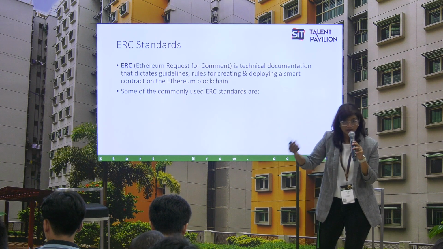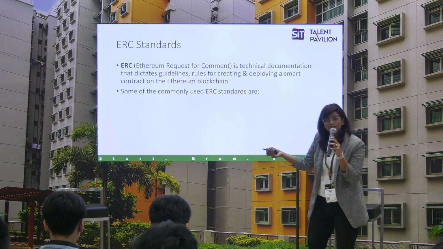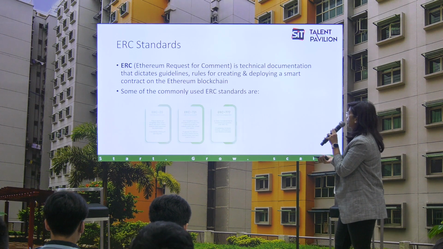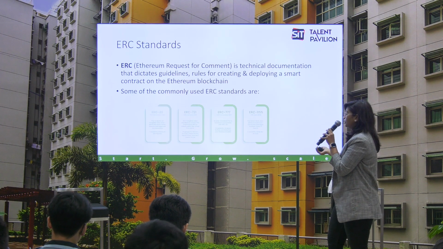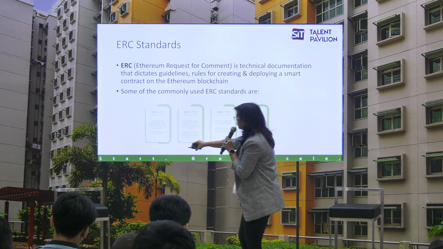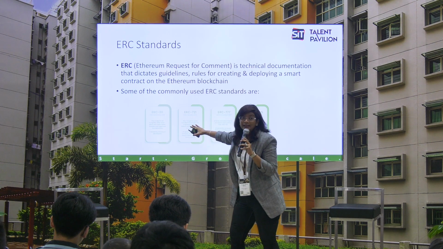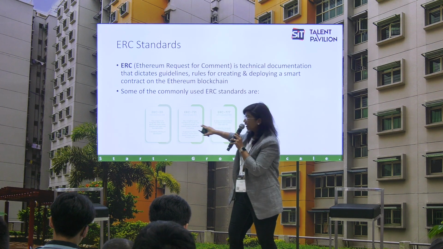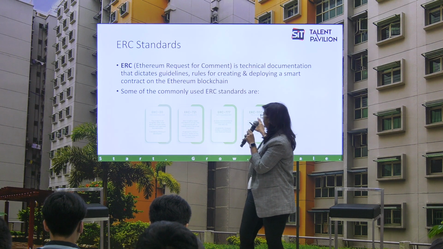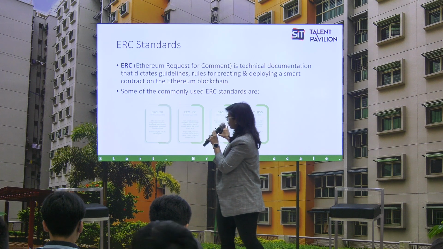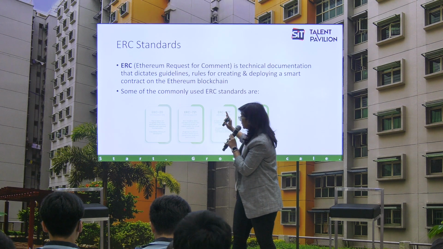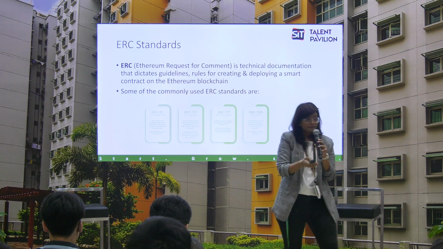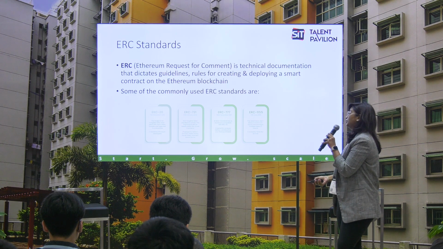Without standards, we cannot trust the process. So for Ethereum, there are the ERC standards. Some of the well-known ERC standards are ERC20 for fungible tokens, and your NFTs are based on ERC721, and the recent one is ERC1155 for NFTs. Whereas for fungible tokens, it's ERC20 and ERC777, right? These are the Ethereum tokens.